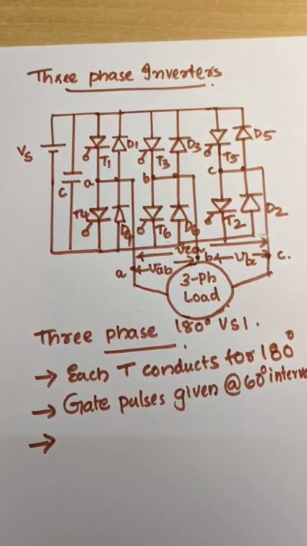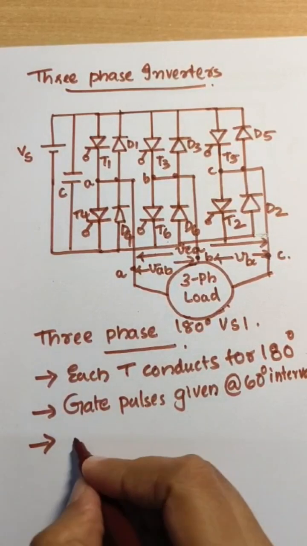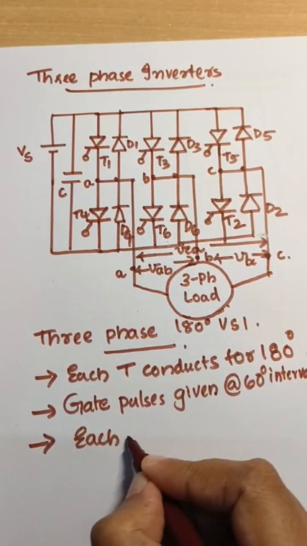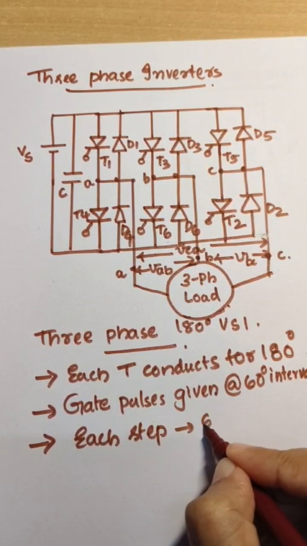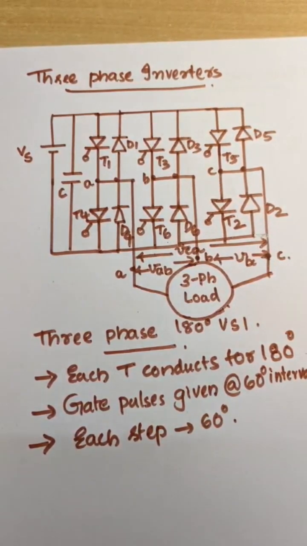Here the complete cycle is 360 degree, which means each step will be 60 degree. So each step of voltages will be at an interval of 60 degree.